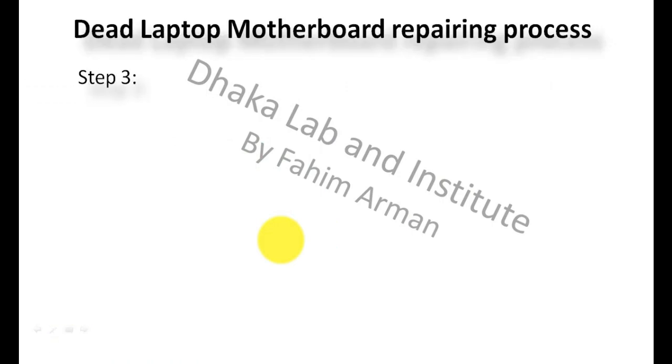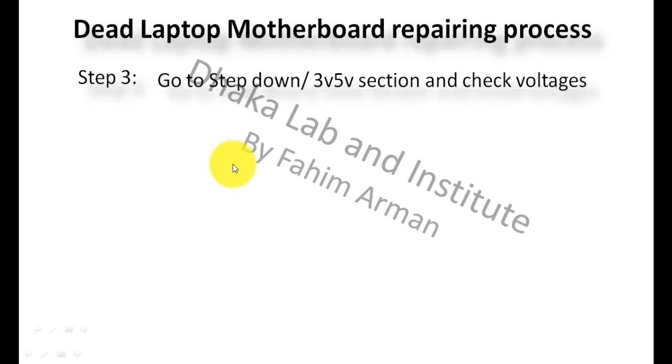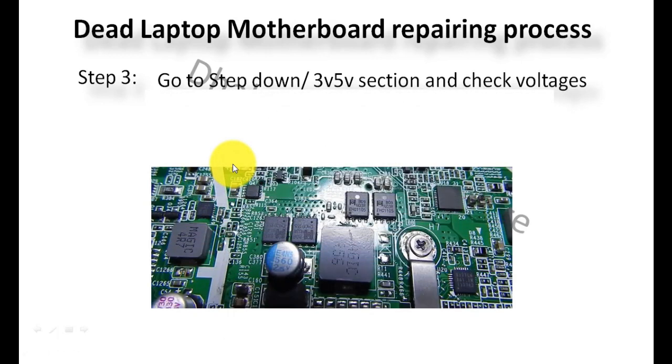Step 3. Go to the step down or 3V 5V section and check voltages in the 3V and 5V coils. For voltage testing, you have to place the multimeter probe in the exact way. First, keep the multimeter in DC volt mode and place your black probe to ground and red probe to the 3V 5V coils.